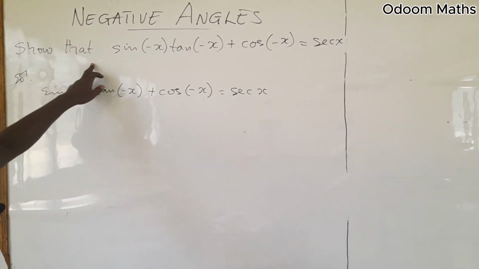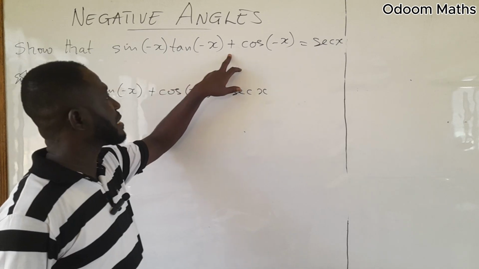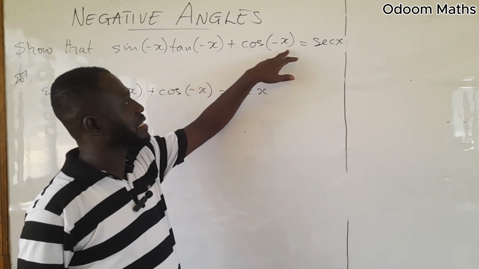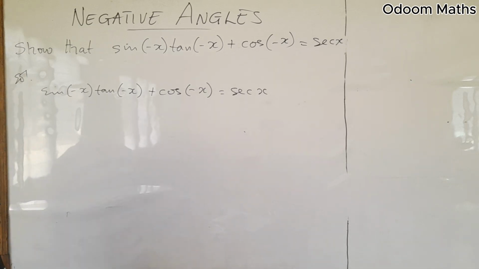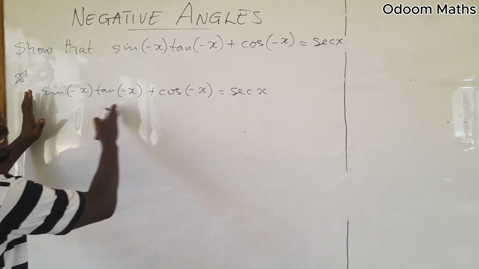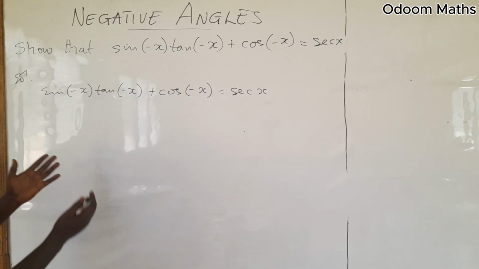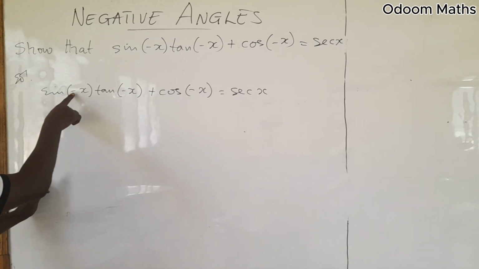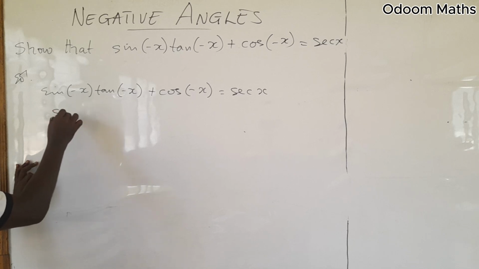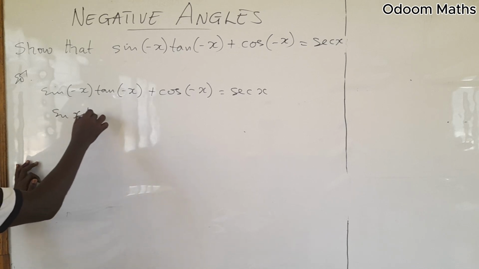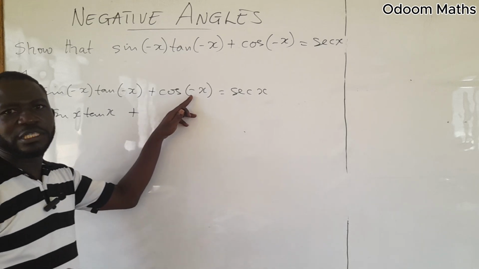Okay, now let's look at this example. Show that sine negative x tan negative x plus cos negative x will give us sec x. Let's solve this example. I am going to start from this side to make it simple for me. Negative times negative will be positive. So here we have sine x tan x plus cos x, since cos is always positive.